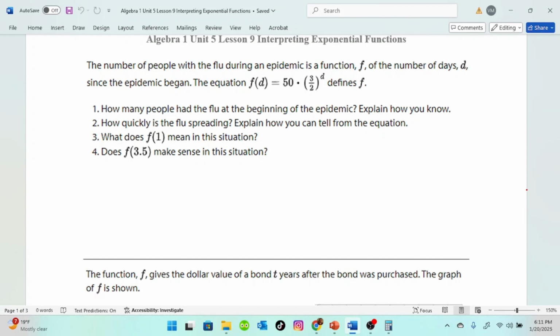So the number in the equation that is by itself tells us the initial amount.